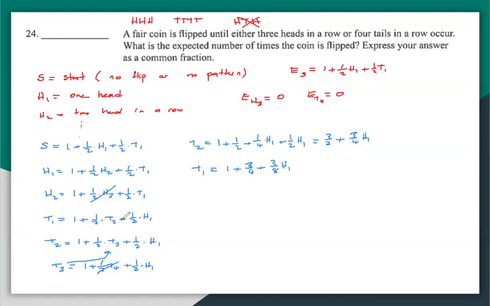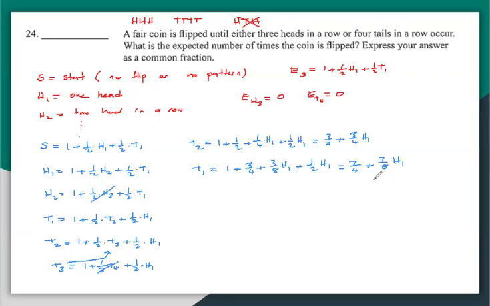And this is this part, and then plus 1/2 H1. If I simplify this, you do get 7/4, and then this is 3/8, this is 4/8. So if you combine, you got 7/8 for this one. Now this is good because we have T1 in terms of just H1.